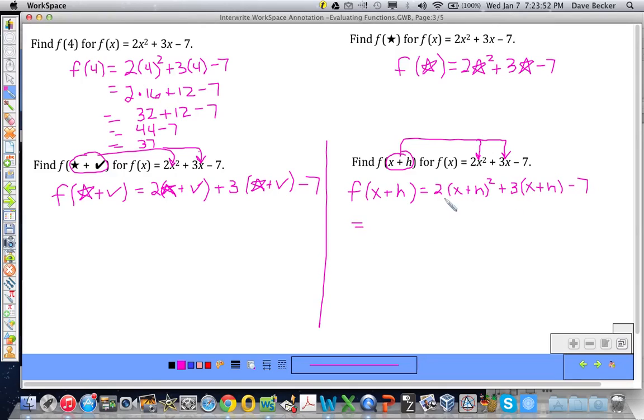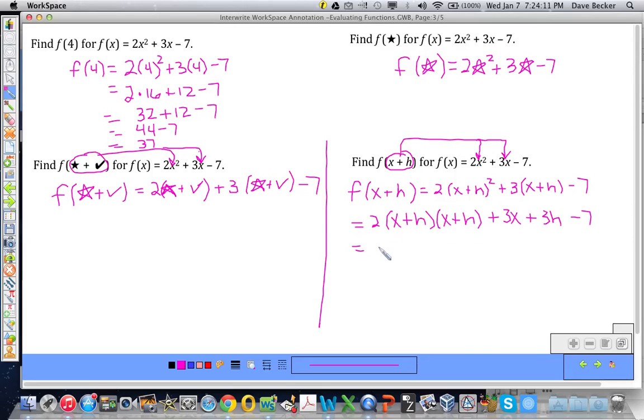That is going to equal x plus h squared, which is x plus h times x plus h. I'm going to have to FOIL that. Plus, distributing the 3, 3x plus 3h minus the 7.